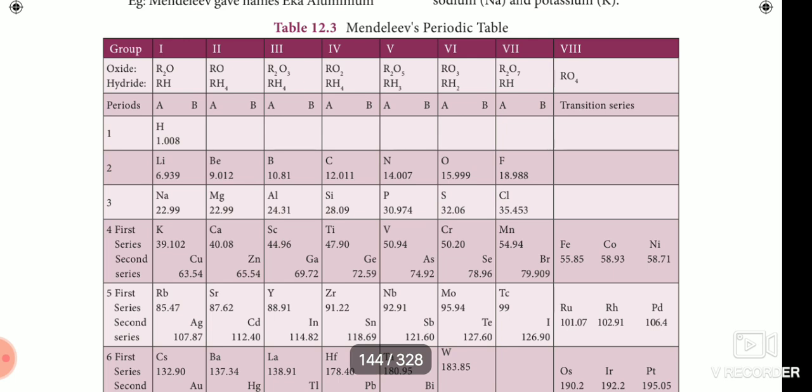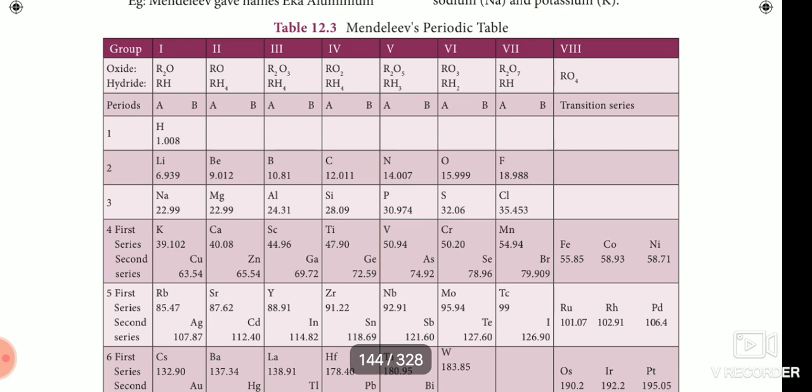Also, there are no places for isotopes in the periodic table. Isotopes and isobars: isotopes are atoms of the same element with the same atomic number and different atomic mass numbers.